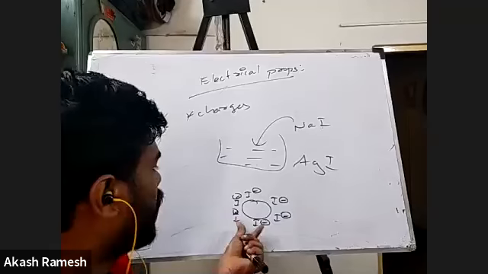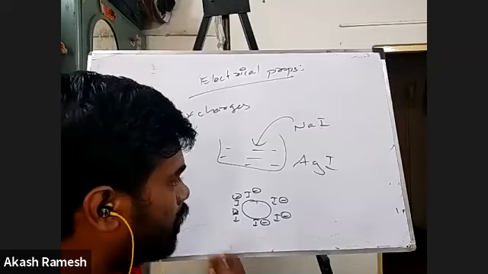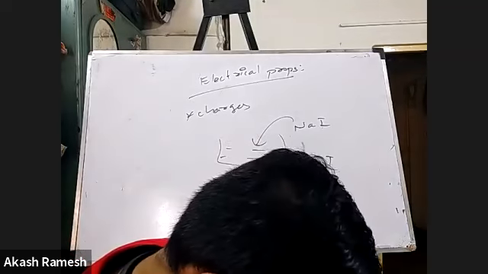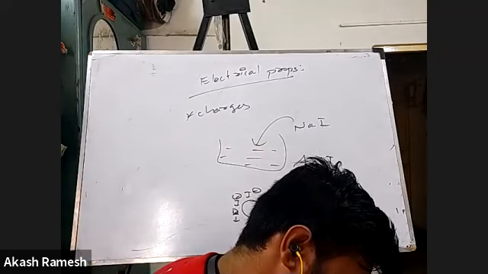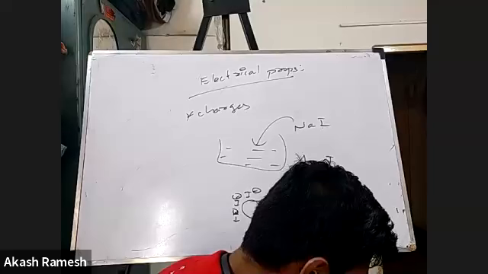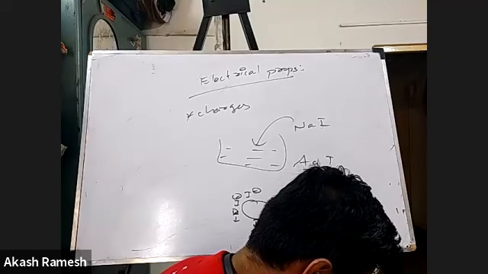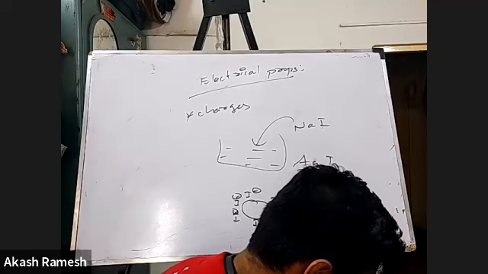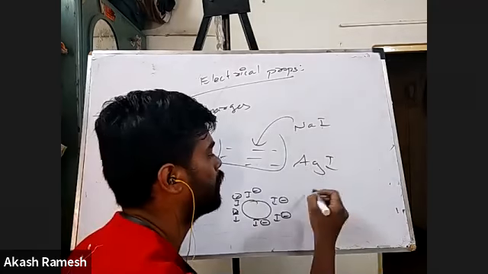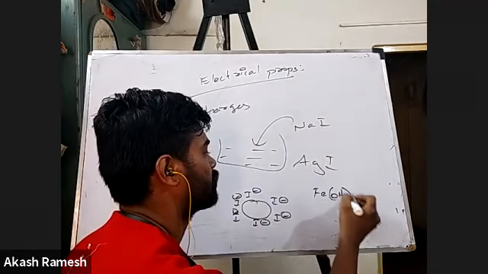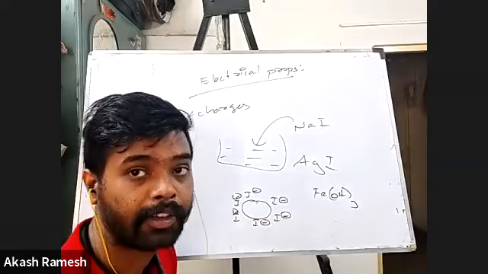So this can even happen for positive things also. Say for example, if I can give you some examples. Another example can be, say I have Fe(OH)3, right?